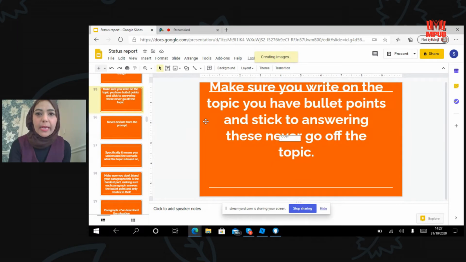So make sure you write on the topic. You have the bullet points and you stick to answering the bullet points and you don't go off the topic. So you make sure that you stick to the topic that they have set. In this case it was about a student and his housemate being very noisy and him requesting to have a transfer.